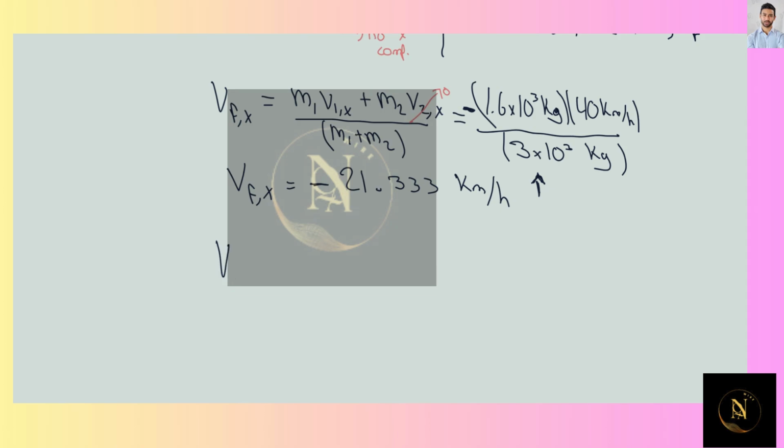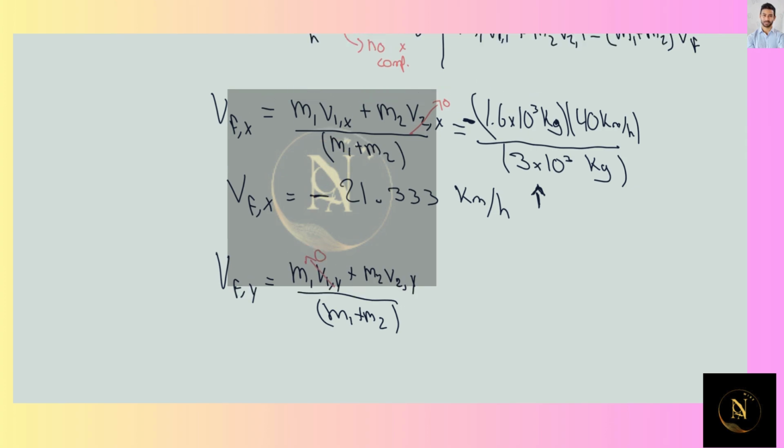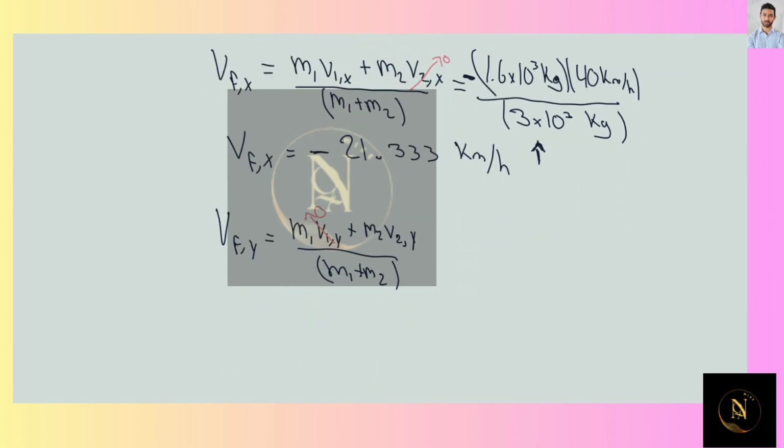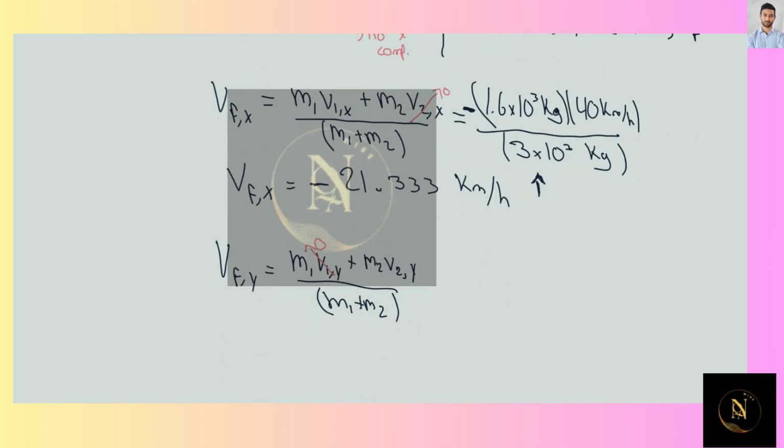Now, for the final velocity on y, we're going to apply the same reasoning. Mass 1 v1 on y plus m2 v2 on y, divided by mass 1 plus m2. Now the y component of the velocity of the first car is equal to 0, as you can see here. This gives us the mass of the second car, 1.4 times 10 to the 3 kilograms, multiplied by the velocity of the second car, which is 45 kilometers per hour.